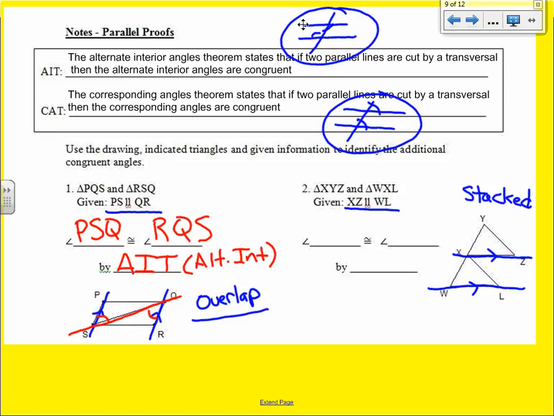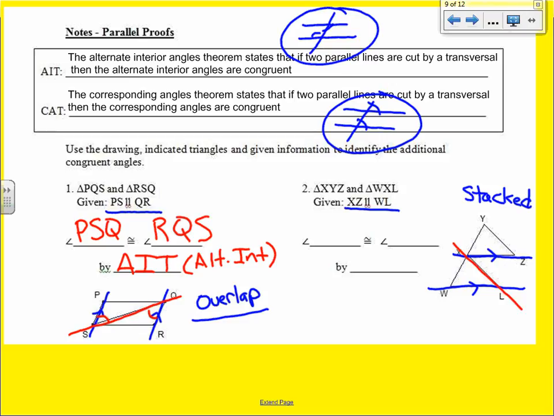So now we're trying to figure out where that transversal is. And if you notice, we have two spots for this transversal that we could draw in. We could draw a transversal in over top of XL, or we could draw it in on WX. Now, there's only one right answer that we can actually pick, and I'm going to do the wrong one first.